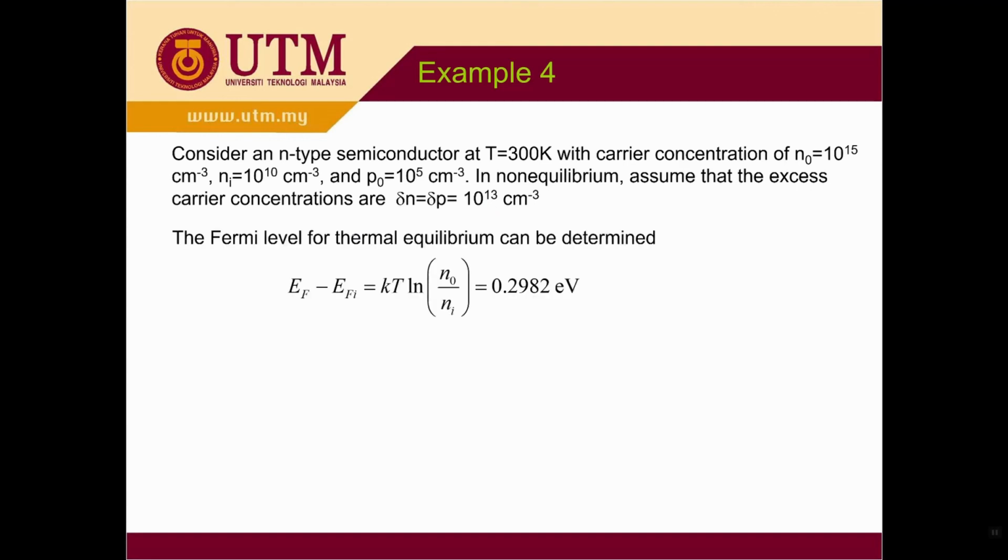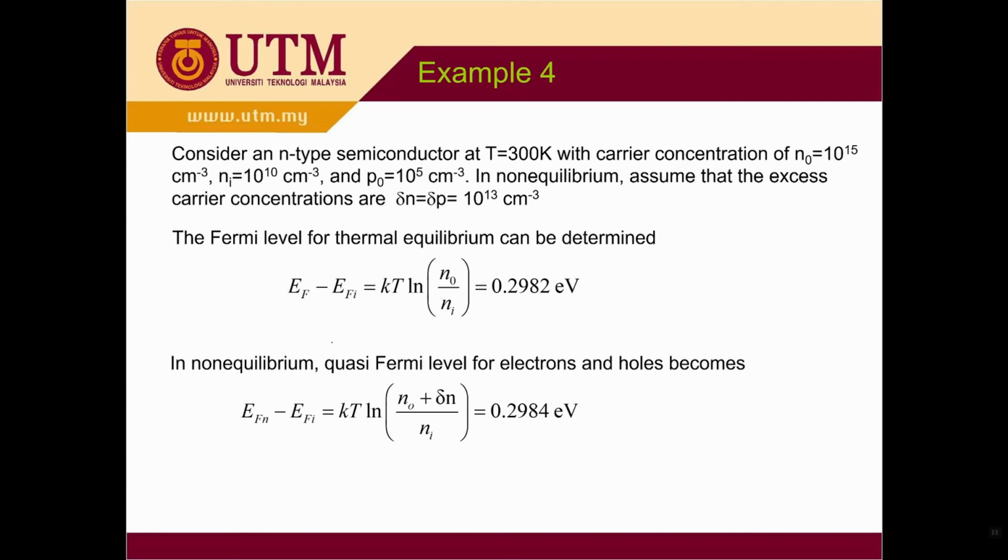So we just use the equation that we were shown earlier on. The Fermi level for thermal equilibrium can be determined by this. It's straightforward. Just shift them around, left hand side, right hand side, and you get this answer. And in non-equilibrium, we add this term here, delta N, and we find that EFN minus EFI is 0.2984.